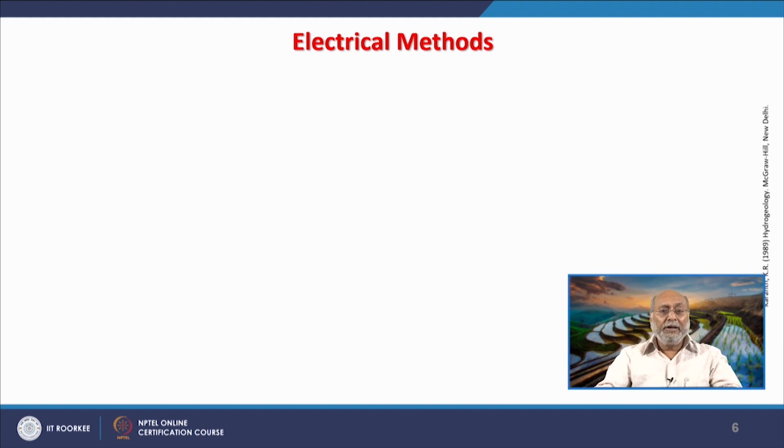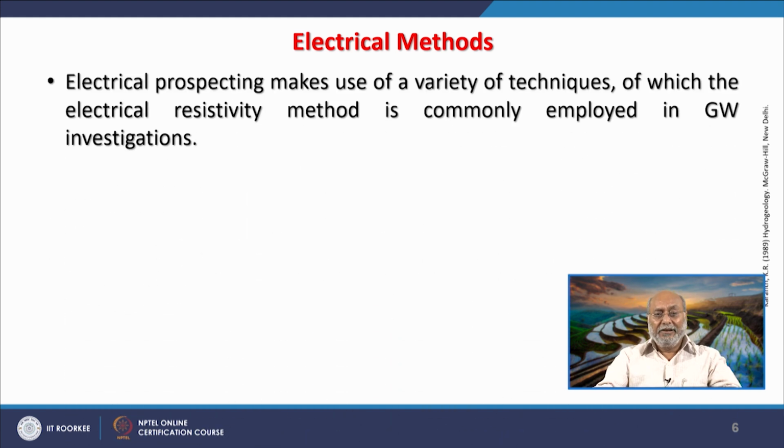Now, the first method which we will take here is the electrical method, which depends on one of the characteristics of rocks, which is electrical conductivity. If water is present, if salinity is present, then of course the electrical conductivity or resistivity will be influenced by that. So, electrical prospecting or electrical methods use a variety of techniques.